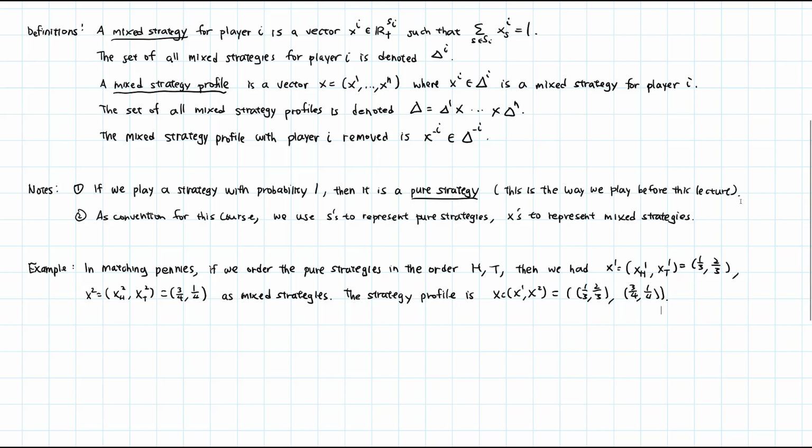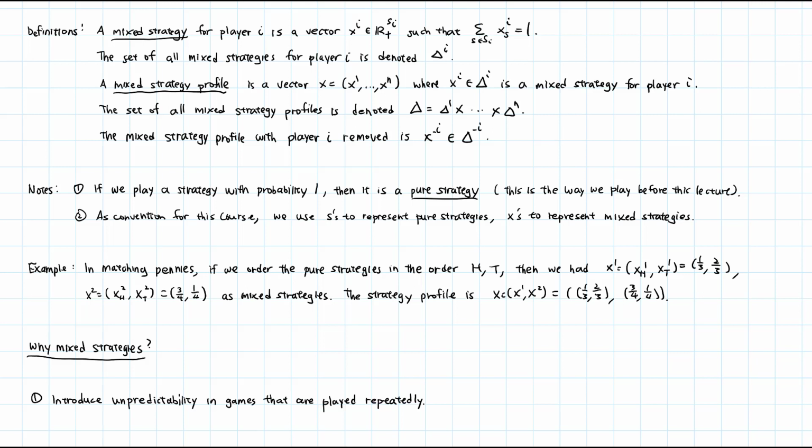Now you may be wondering, what does playing a mixed strategy mean practically? There are a few interpretations, and different game theorists will give you different interpretations for mixed strategies. We will quickly go over two of them. One way of thinking about mixed strategies is that it introduces unpredictability in games that are played repeatedly.